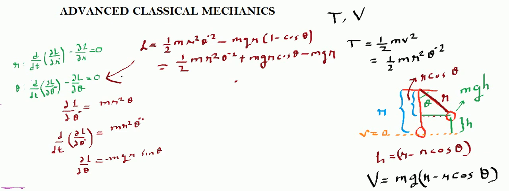So what are we doing? We are going to write this equation. The first term is m r square theta double dot. Agreed? This is my first term. What is my second term? My second term is minus of m g r, so there will be plus m g r sin theta.